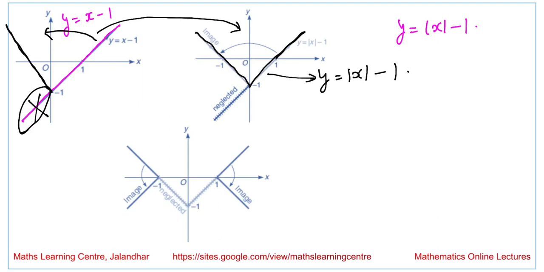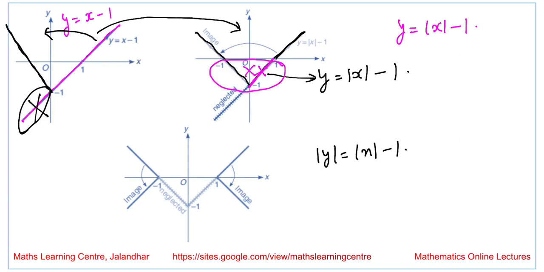Now we have to plot mod of y is equal to mod of x minus 1. To plot this, we are neglecting this portion of the graph and we are reflecting this portion. First we are talking about this line over here.